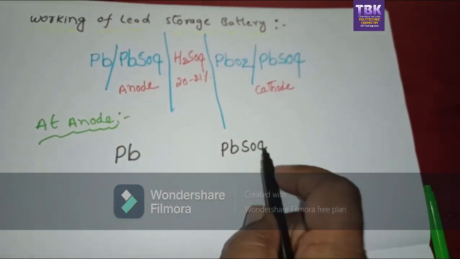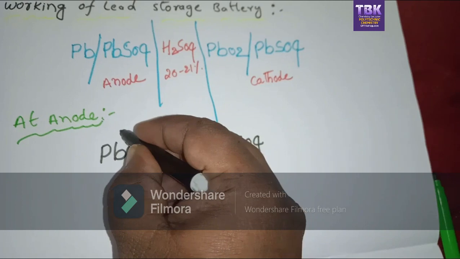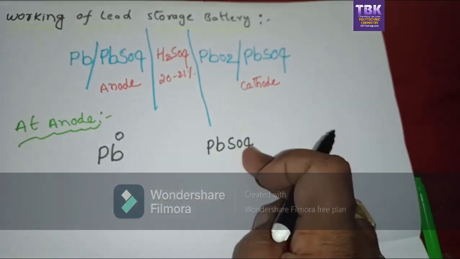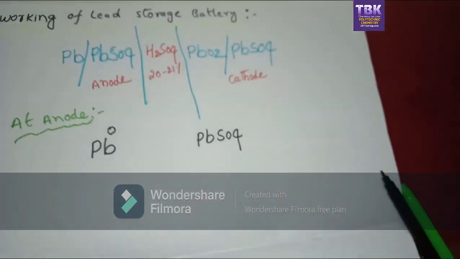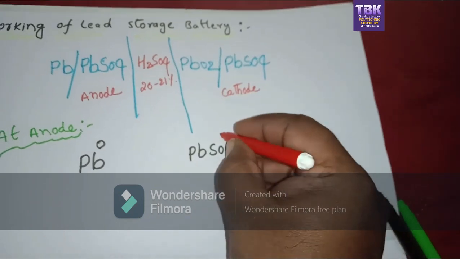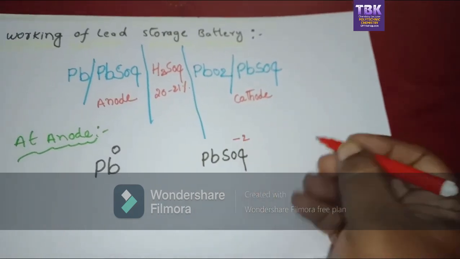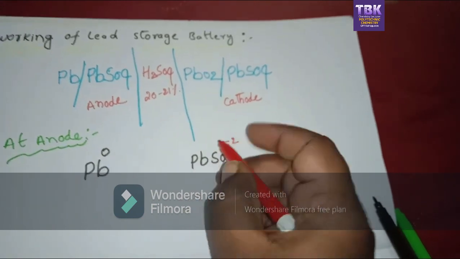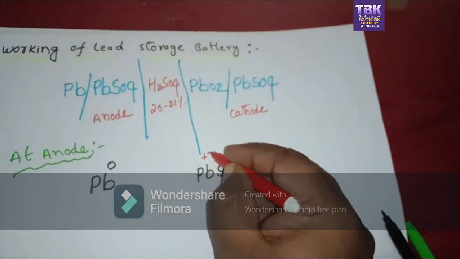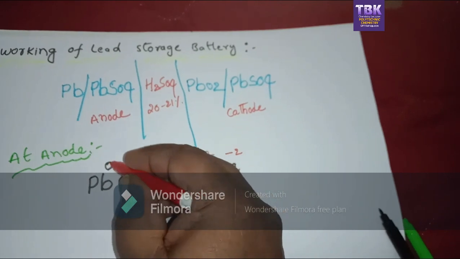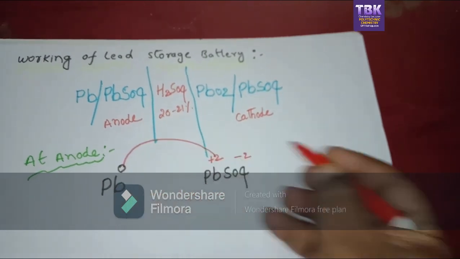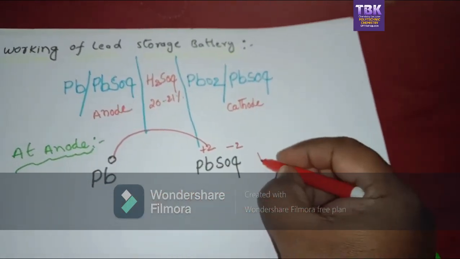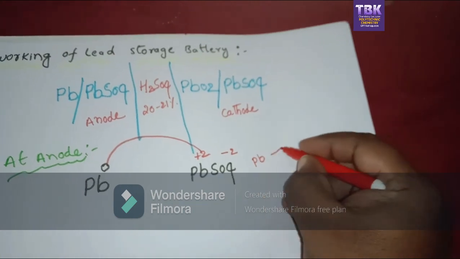Here Pb is an element. What is its oxidation state? 0. In PbSO4, SO4 is -2. You know the oxidation state of sulfate is -2. If it is SO4 -2, what is the oxidation state of Pb? +2. Here Pb0 is converted to Pb+2.